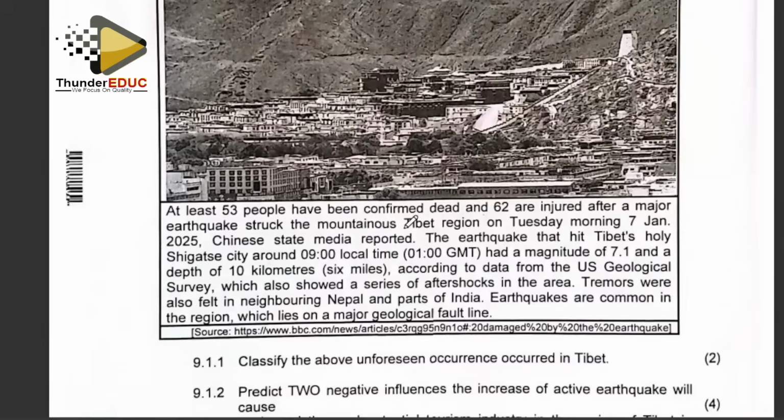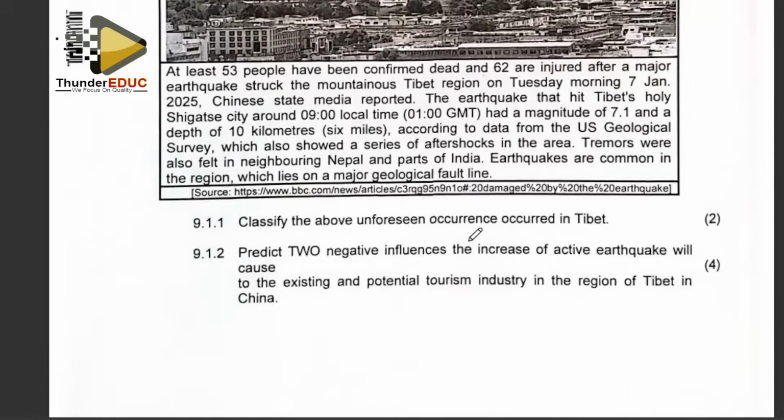Chinese state media reported the earthquake hit Tibet's Holy Shigatse city. It had a magnitude of 7.1 and a depth of 10 kilometers, according to the US Geological Survey, which also shows a series of aftershocks. Tremors were also felt in neighboring parts of Nepal and India. Earthquakes are common in the region, which lies on a major geological fault line.